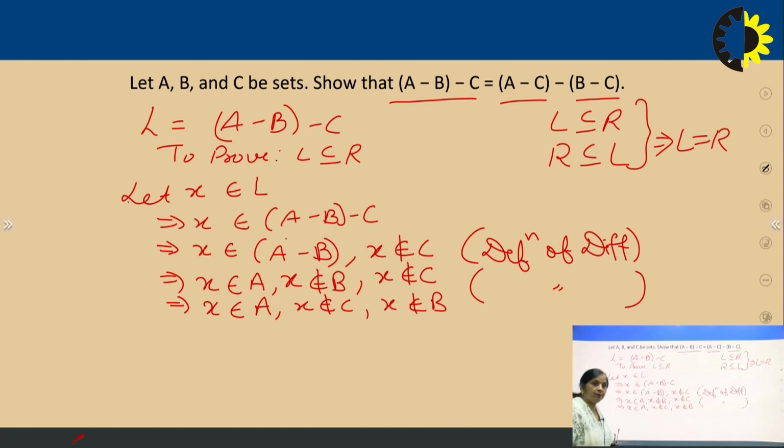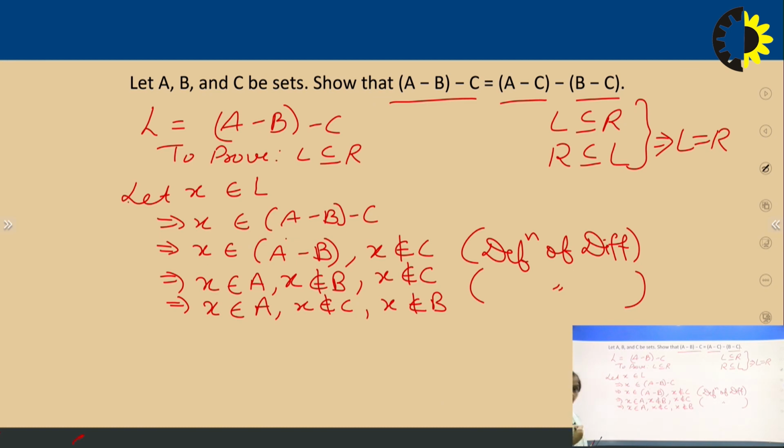The commutative property is that A and B is the same as B and A. The AND operator is commutative in nature, so I have just changed the order to get my right hand side expression.